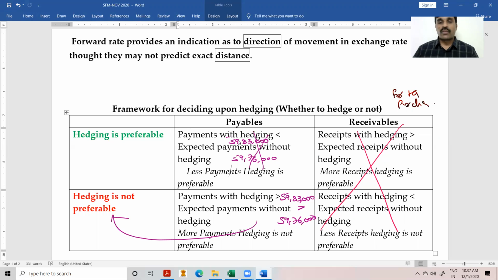Therefore, hedging is not preferable. The above equation is not satisfied, therefore this equation is satisfied.